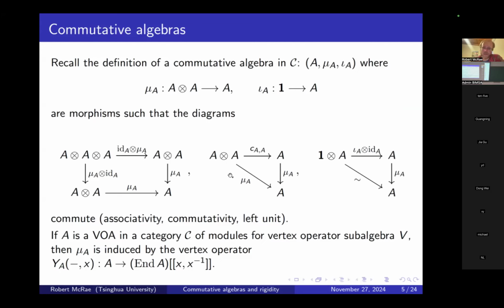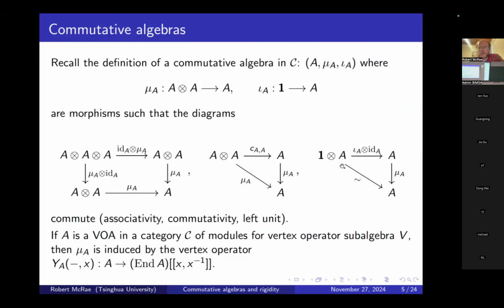And you have commutativity, because you have a braiding in your category, you can write down this commutativity property. I guess this is a typo. This should be an A tensor A in the upper right corner. So the commutativity takes you from A tensor A to A tensor A, and then you multiply. Should be the same as just multiplying.